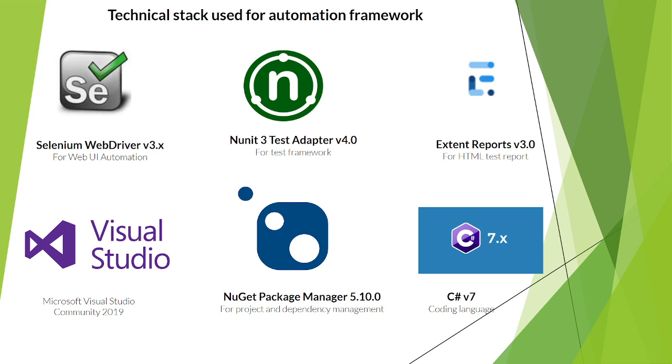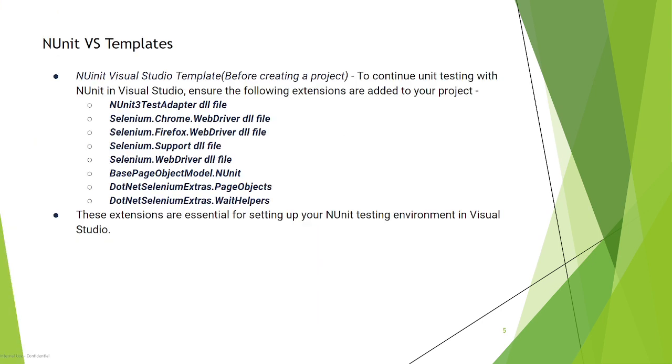For project and dependency management, you need NuGet package manager. It is equivalent to Maven in Java, which is normally used as a build tool. And obviously you need a good IDE, either a free or licensed version, Microsoft Visual Studio Community 2019 or onwards.